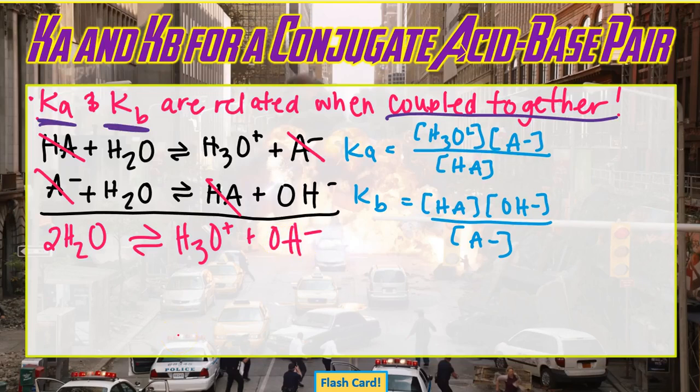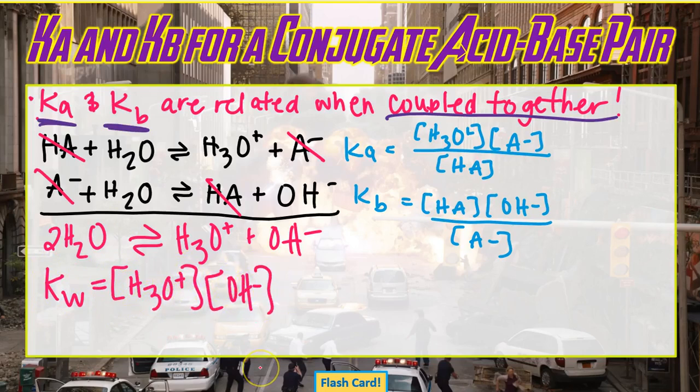Well, haven't we seen this before? Yes, we have. We saw this with the autoionization of water, folks. And because of that, we know this is also going to equal a Kw value, which is simply H3O plus times OH minus. If we know that we're getting our H3O plus from the acidic portion and our OH minus from the basic portion, we can say our Kw is equal to Ka times Kb.